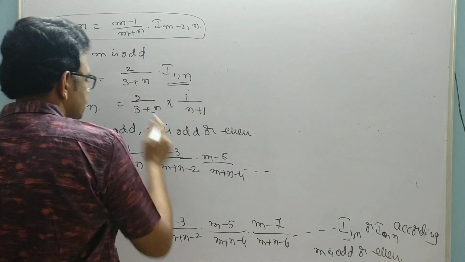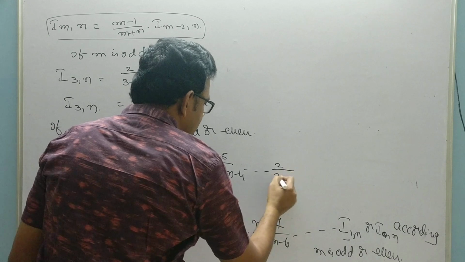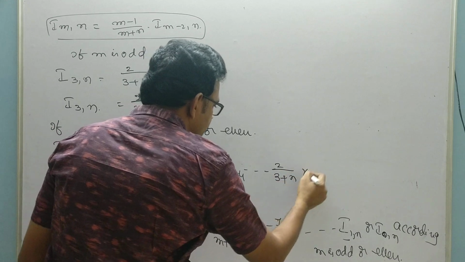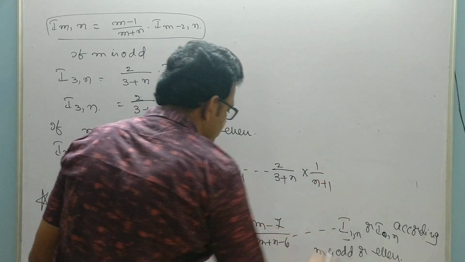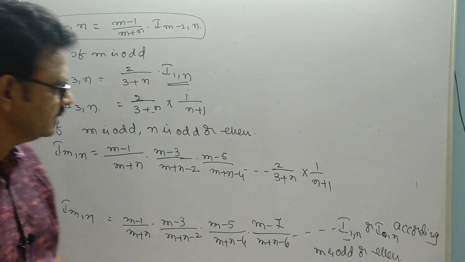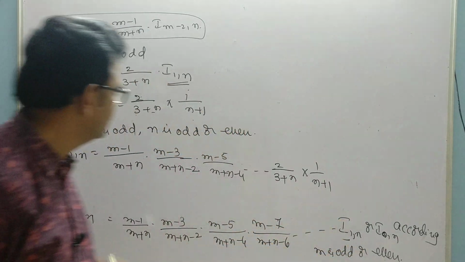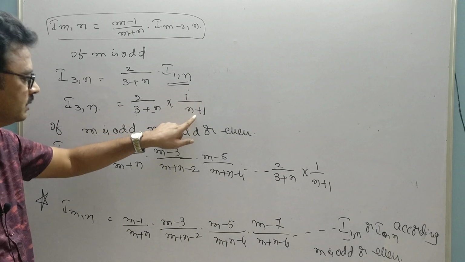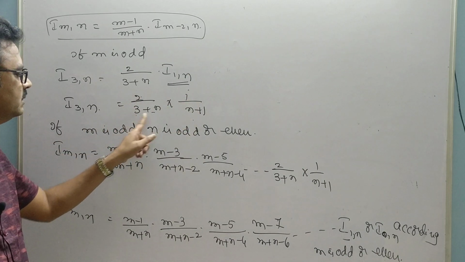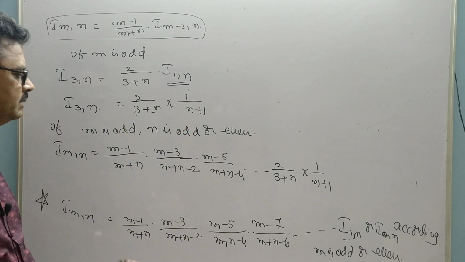So what about this last one? 2 by 3 plus n into 1 by n plus 1. The last one is I(1, n), which means 1 by n plus 1. Before the term is 2 by 3 plus n.